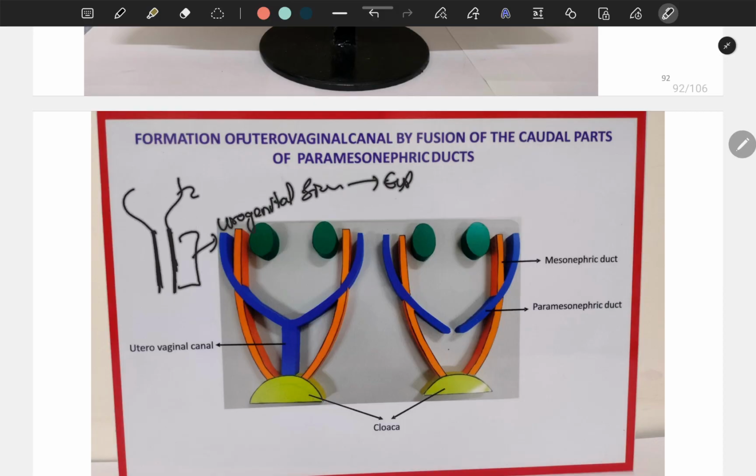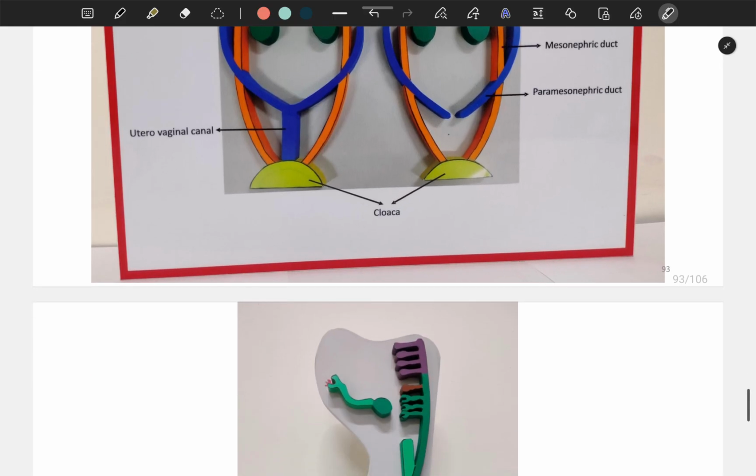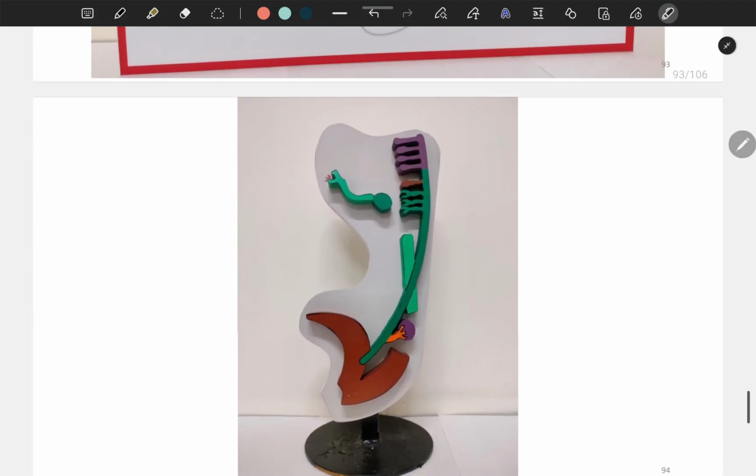Above that, that is the body, is formed by the paramesonephric duct, that is mesoderm. Only the lower part of the vagina is formed by the urogenital sinus, formed by endoderm. Above that, it is formed by the paramesonephric duct. So it is mesoderm, and this is the cloaca.